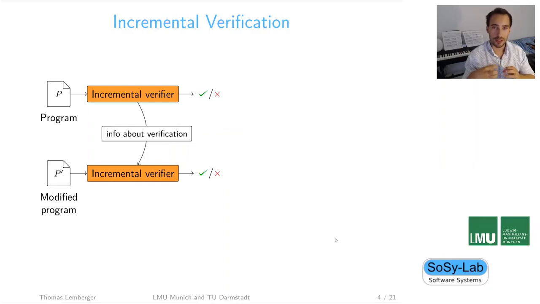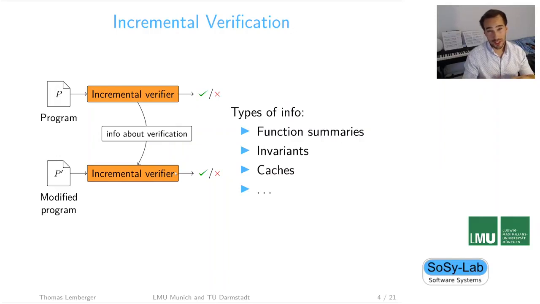The idea is that you don't just use any verifier, but you use an incremental verifier that gives you the result, but also some information for later verification tasks. And any later verification task then can use that information to speed up the next verification of the new program version. This information can be manifold. It can be function summaries, invariants, some caches that are used, for example, for solving formulas, etc.